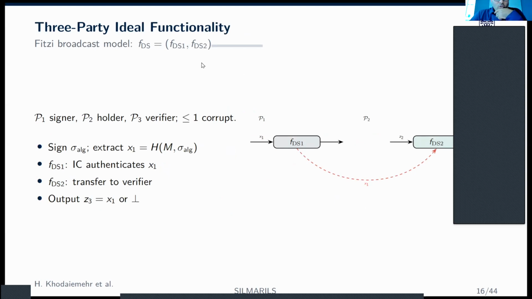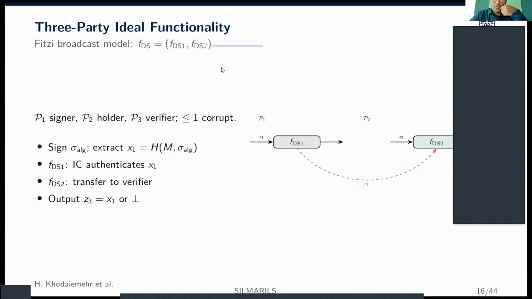When you need more than a pairwise TDV, we add a three-party mode, and it helps to state the ideal goal first. The functionality FDS is formed by two parts, FDS1 and FDS2, and it splits into sign, then transfer, followed by verification.